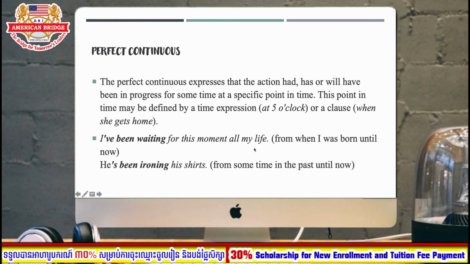Number two, he's been ironing his shirt. So from some time in the past until now. So those actions are still going on, but they started in the past, and right now he is still doing it.